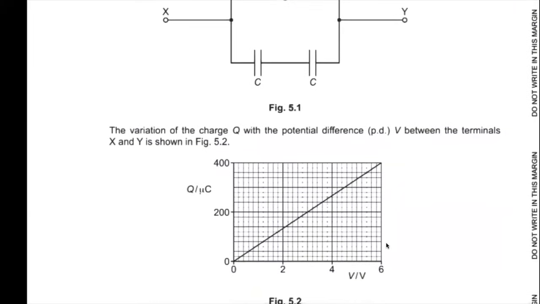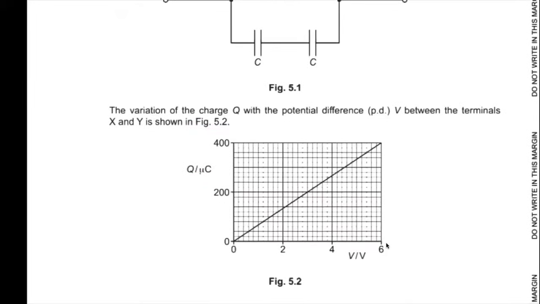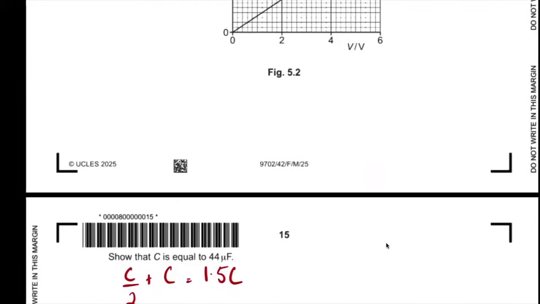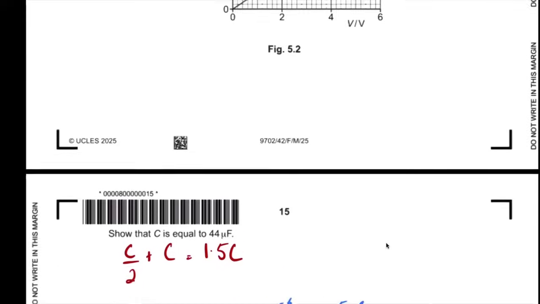Anyway, going on with the question, variation of the charge with potential difference is given. So you have a QV graph, Q is in microcoulombs. Because C equals Q over V, the gradient of this graph would basically be capacitance. But again, this is the total capacitance here, which was 1.5 C. And this is what you have to use in this part to show that C equals 44 microfarad.